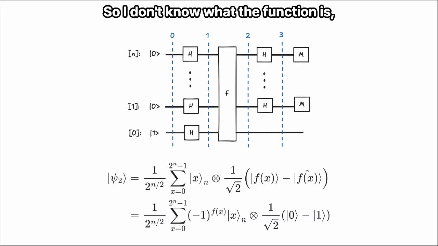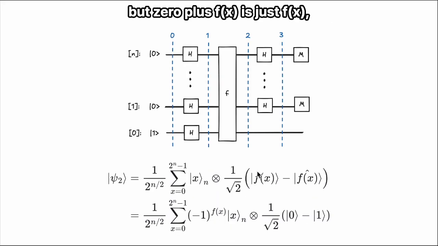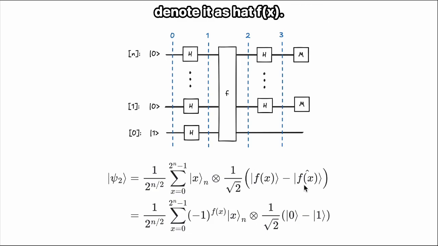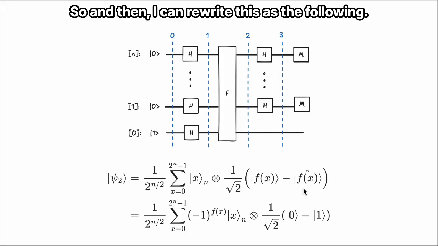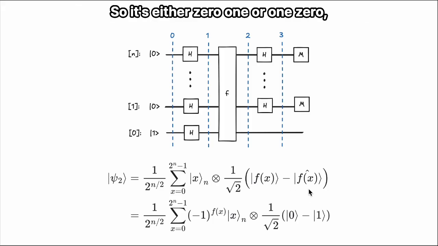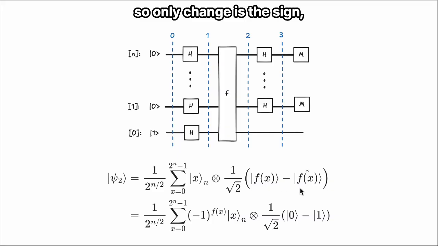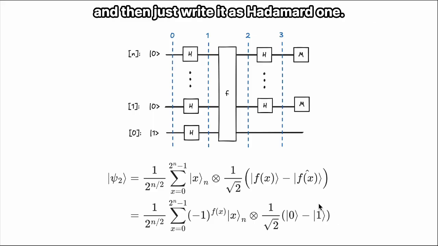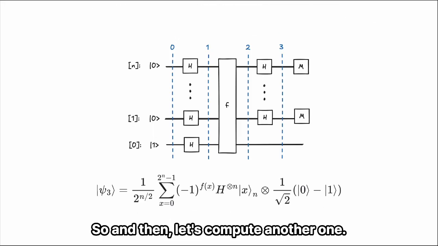I don't know what the function is, but 0 plus f(x) is just f(x), and 1 plus f(x) is the opposite of f(x), denoted as not f(x). Then I can rewrite this as follows. It's either 0, 1 or 1, 0, so it only changes the sign depending on what x is. So we take out the sign as (-1) to the f(x), and then just write it as Hadamard 1.